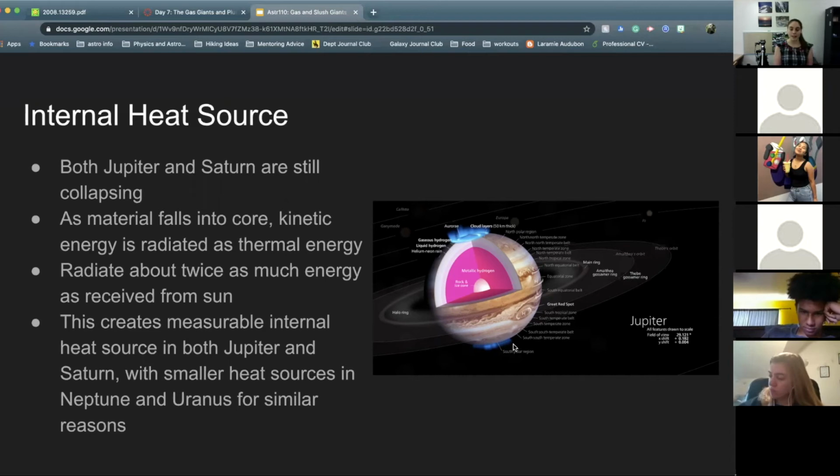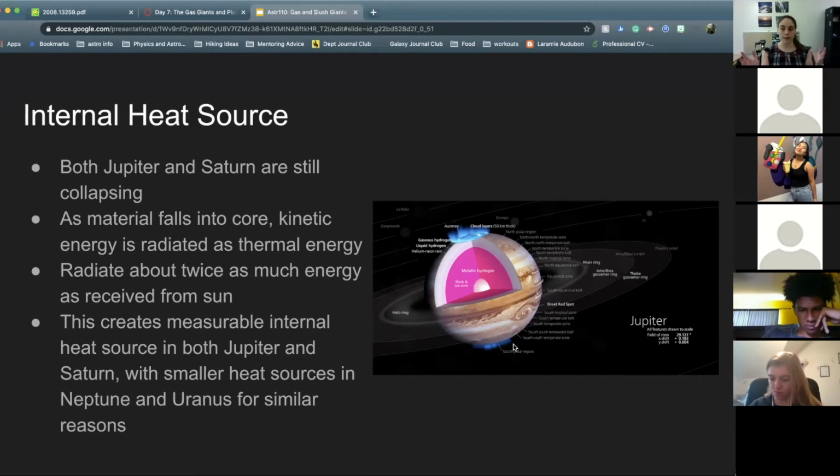And we think that is from material collapsing onto the core. So Jupiter and Saturn are still kind of finishing their formation. Heavier material is falling through the layers into the core. So the heaviest material will be on that rocky ice core in the center. And as that stuff falls down, it causes things to heat up, because falling is motion, and we can kind of think of temperature as motion.